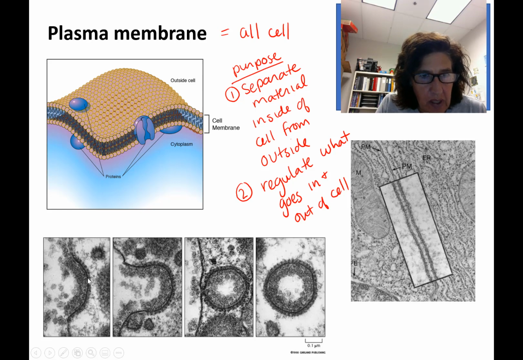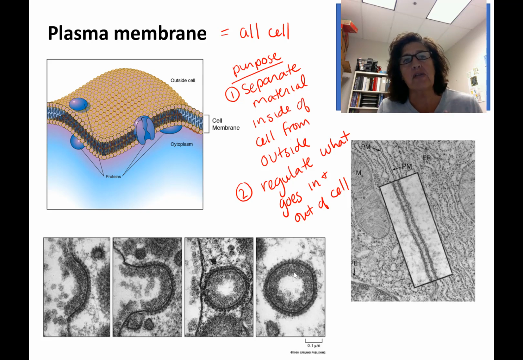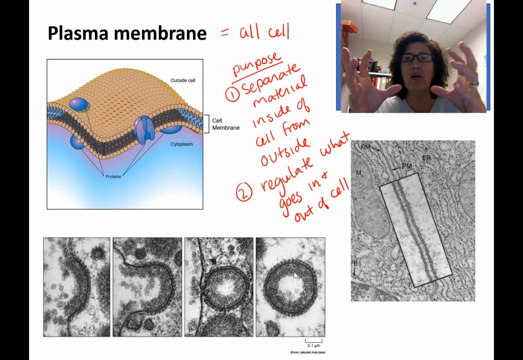And so this down here, this dark line, is showing a membrane, and it's actually pinching off. So what we'll talk about, kind of an interesting theme with membranes, is membranes are all made of the same thing, phospholipid bilayers and proteins. And so I like to think of it like bread dough, right?